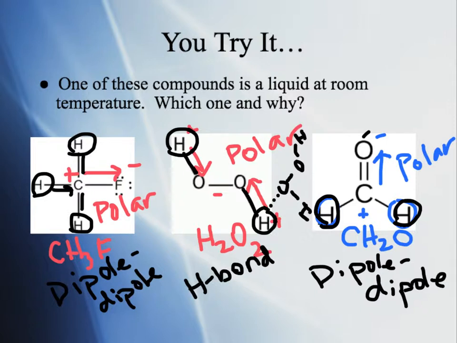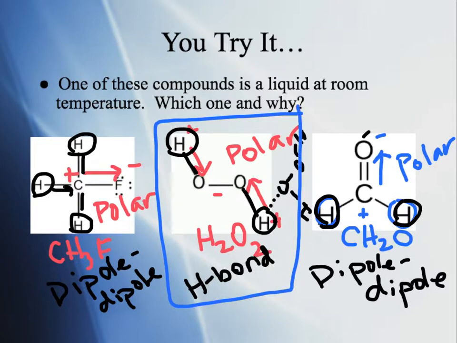So if two out of the three are dipole-dipole and one of them is stronger, a hydrogen bond, and only one of these compounds can be a liquid at room temperature, it's got to be, which one? That's right, it's got to be this middle guy, H2O2, because he's going to have stronger intermolecular forces.